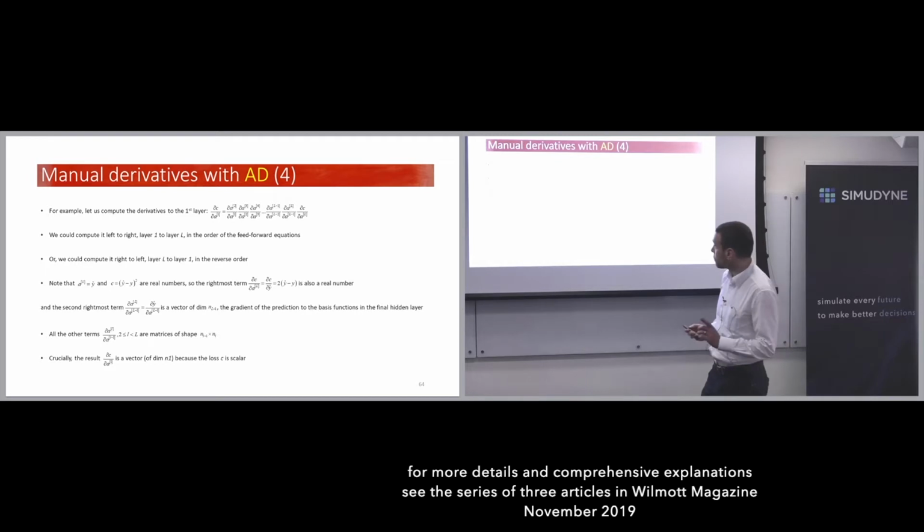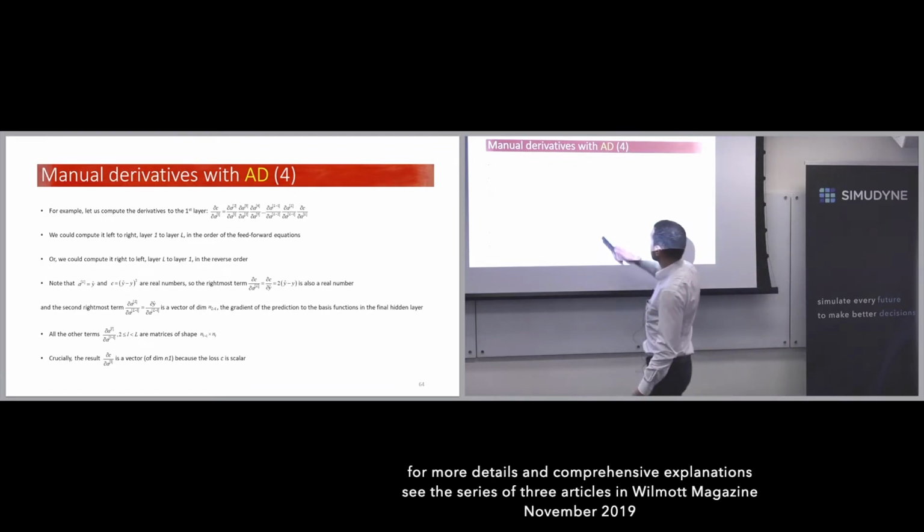So for instance, let's focus first on the first layer, dC over dA1. We have seen this formula already. That's a straightforward application of the general chain rule: dA2 over dA1 times dA3 over dA2, and so on, up to dA_L over dA_{L-1} times dC over dA_L.